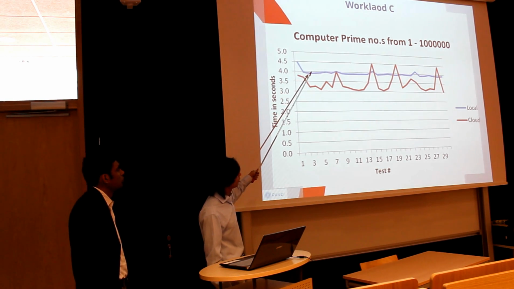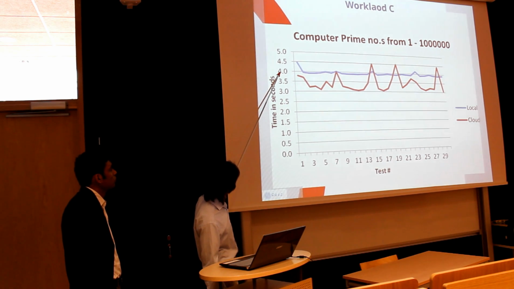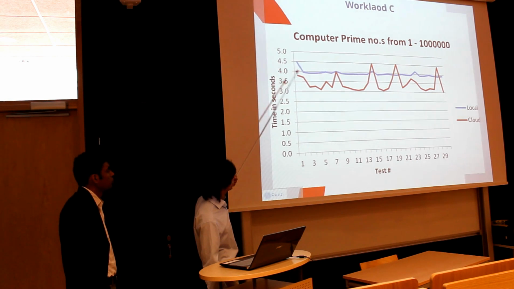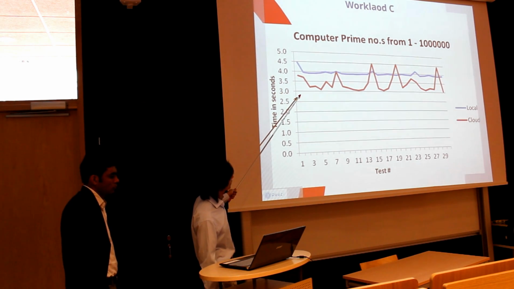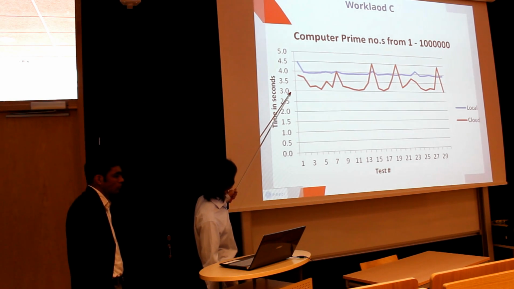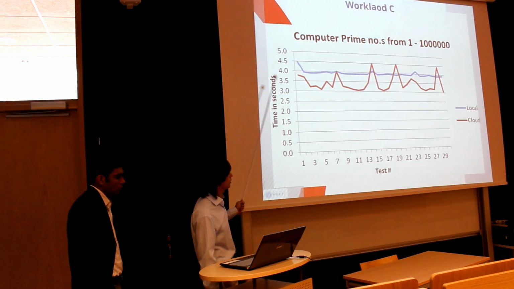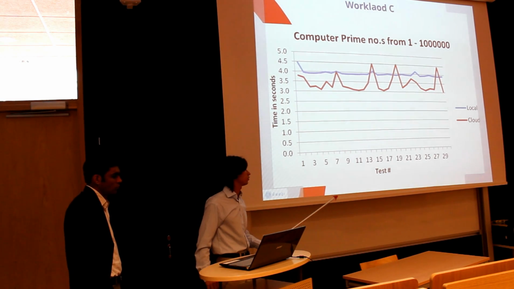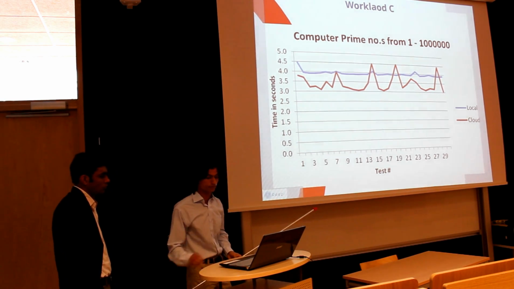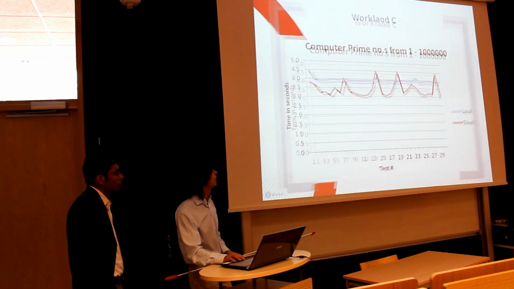Why? Because the average time the local web server took is 4 seconds to run this workload, but the average time for running the same task on the cloud web server is almost 3.5 or 3.8. So the cloud web server performed very well as compared to the local web server for workload C. So these were the results for the execution time.